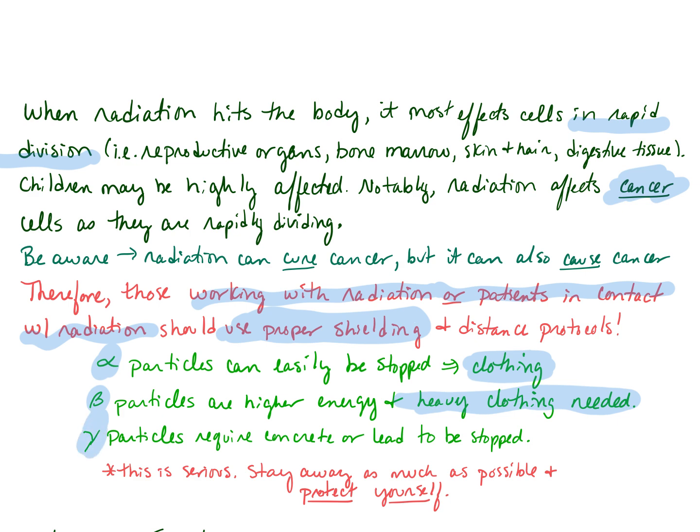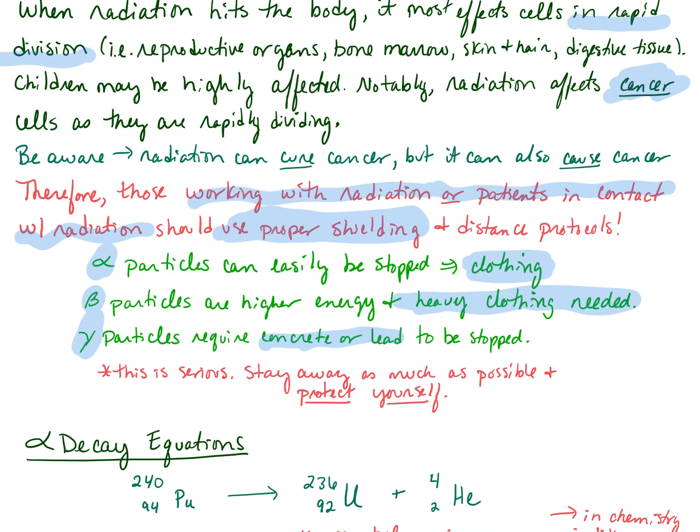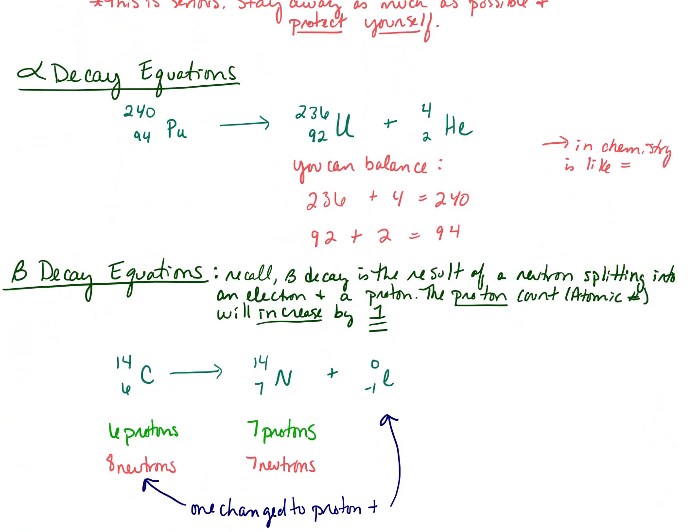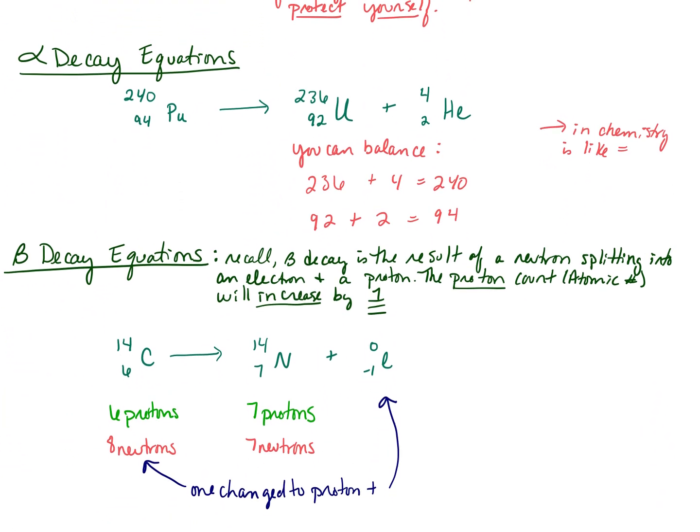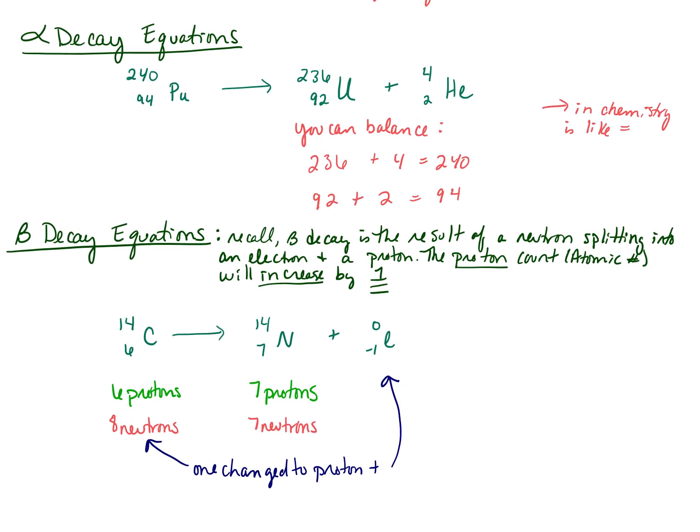Gamma particles, that's going to go pretty much straight through you because it needs concrete or lead to be stopped. So make sure, again, to protect yourself if you ever come in contact with these things. And as I said, these things are really used a lot when it comes to medicine.